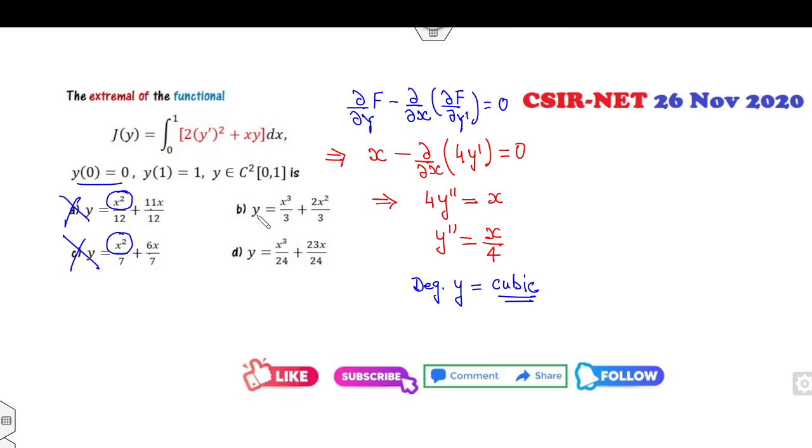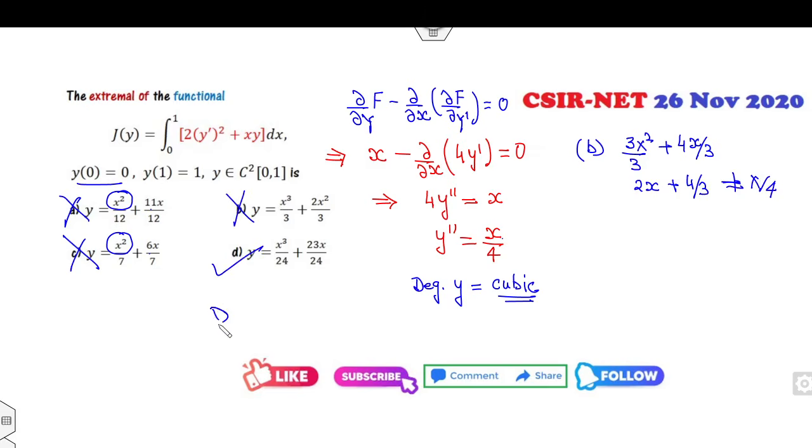Fine. Now we can look at the options. If I check the second option, what is the second derivative of this case? The first derivative will be 3x squared over 3 plus 4x over 3. Second derivative will be 2x plus 4 over 3. Clearly this is not equal to x over 4. So this option is cancelled.